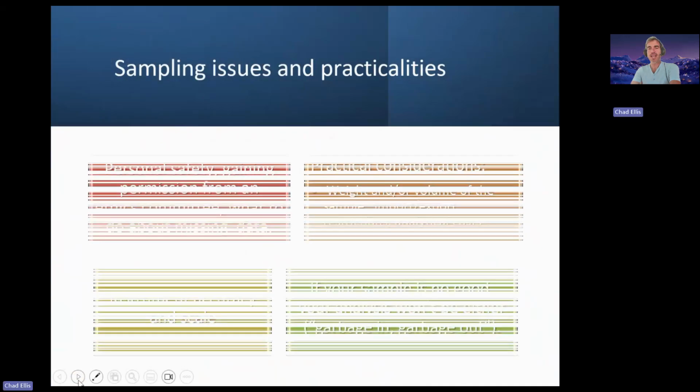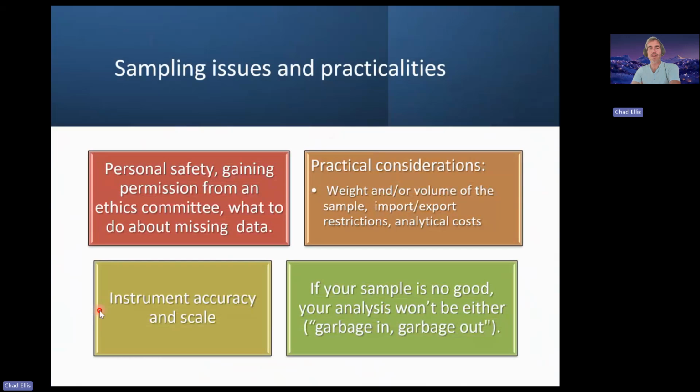So we'll talk about some practicalities in your research, right? Always make sure to think about personal safety and report back, especially if you're going on a mountain like I did, doing measurements of snow and on glaciers and travel and things like that.